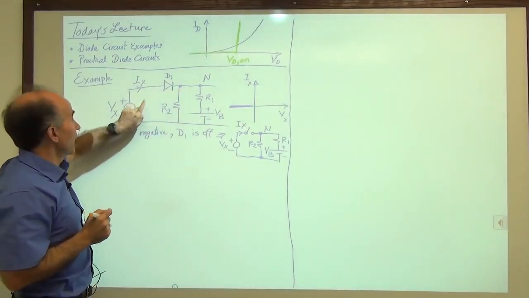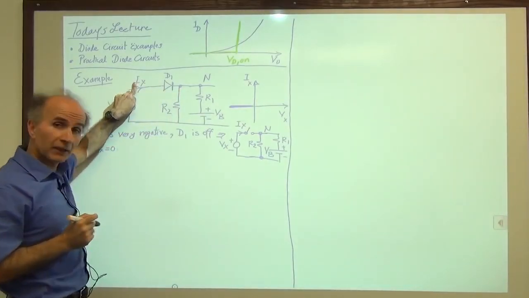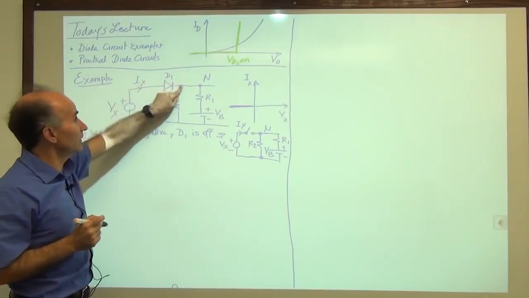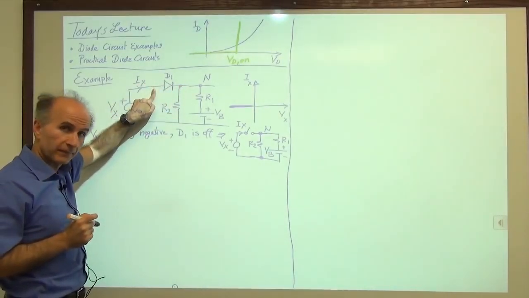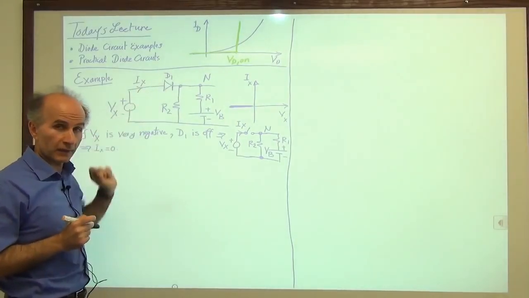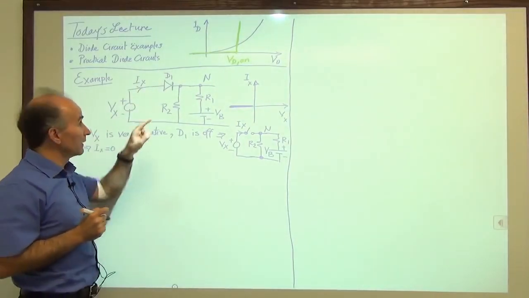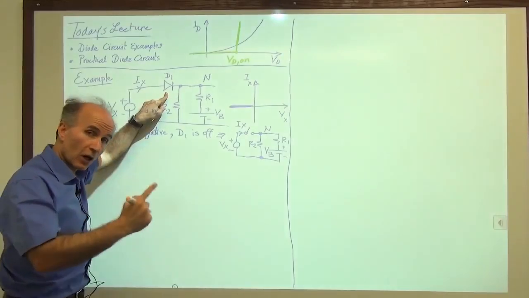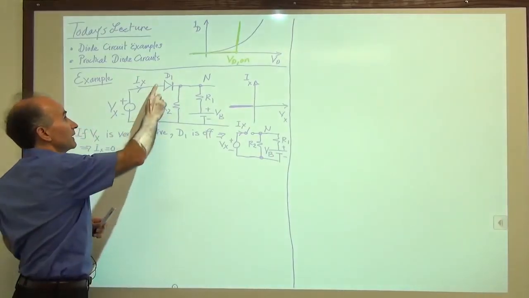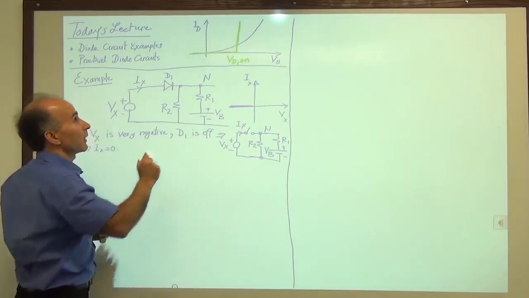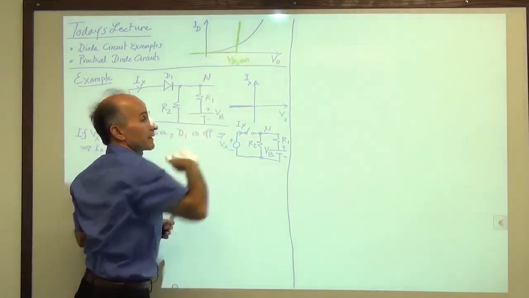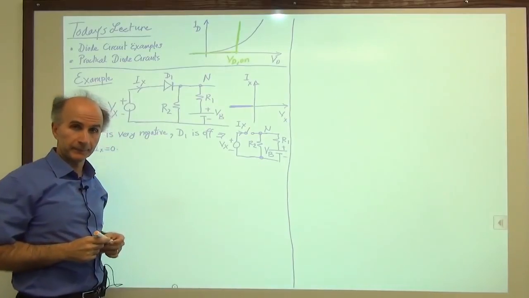All right, so we have to raise Vx to a value that is greater than this value by about VD on. Then D1 turns on. Now we know that when D1 is about to turn on, it has a voltage of VD on from here to here, but its current is very small because we are on this little corner here.